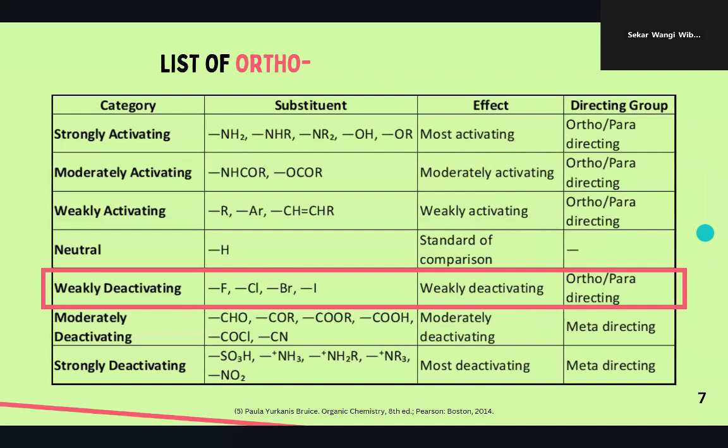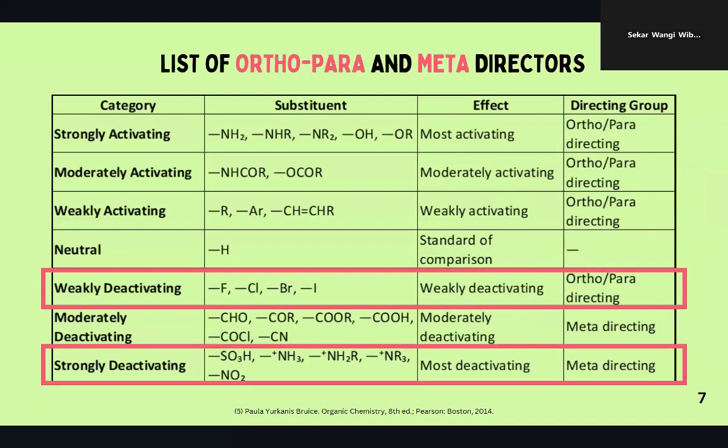So here is the list of ortho-para and meta directors. As you can see, the substituents that are electron donating are also activating the benzene ring, because these substituents have a lone pair of electrons that can be donated to the benzene ring, activating it.